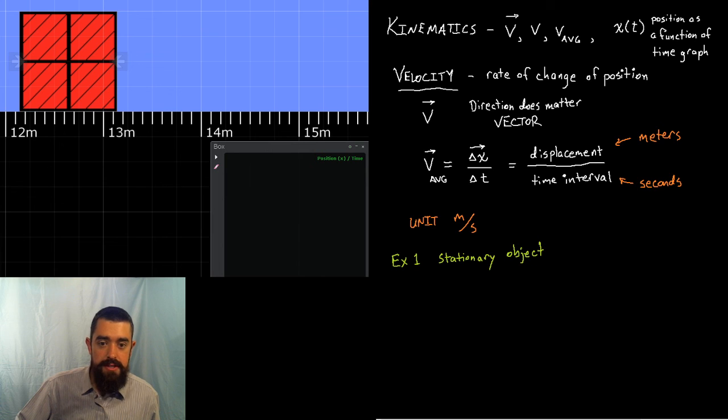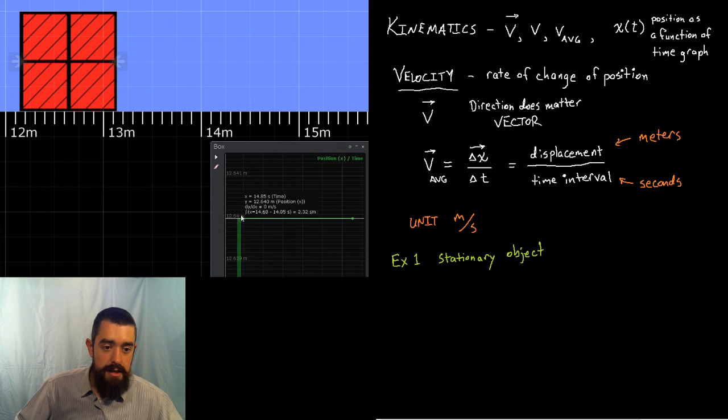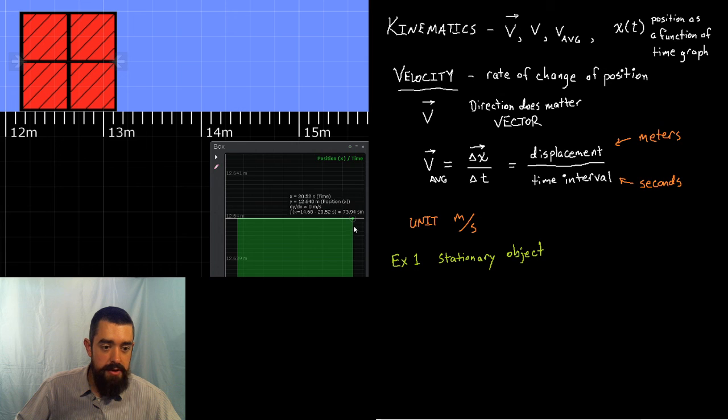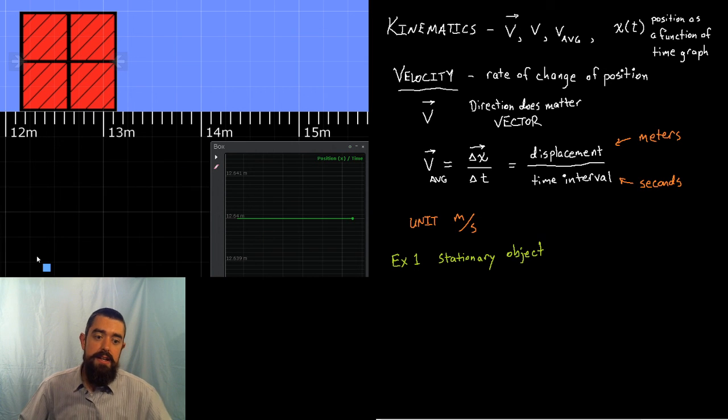So let's see what that looks like. Okay, I let the time run. And from time equals 14.7 seconds all the way to time equals 20.52 seconds, the position was the same number.